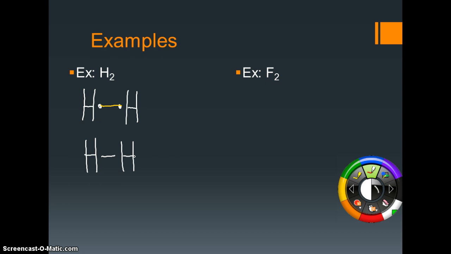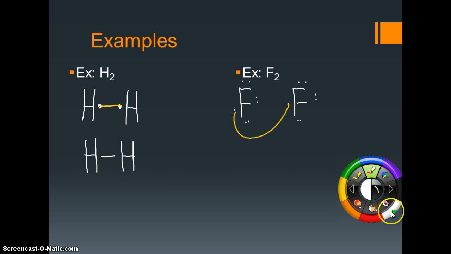If we have F2, you're going to have two fluorines. Each fluorine has 7 valence electrons. 1, 2, 3, 4, 5, 6, 7. 1, 2, 3, 4, 5, 6, 7. Connect your two free valence electrons.